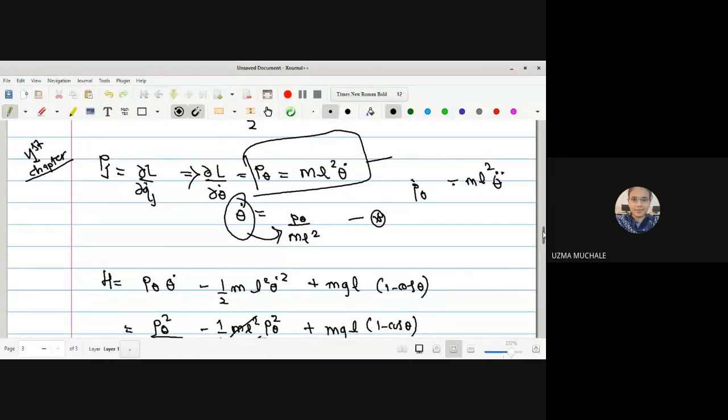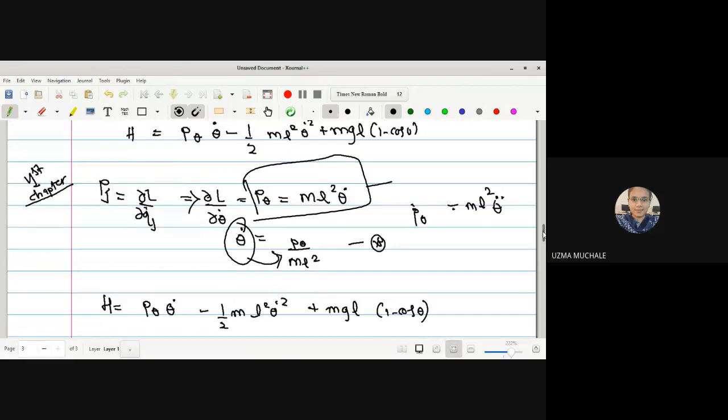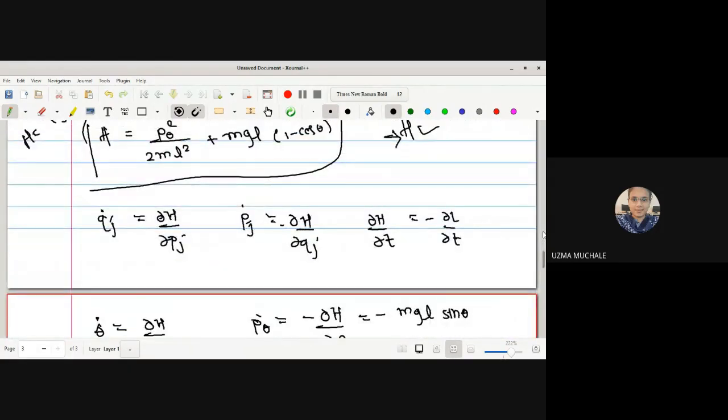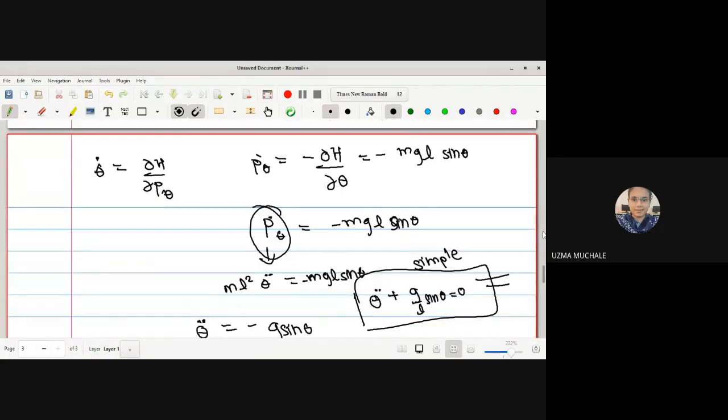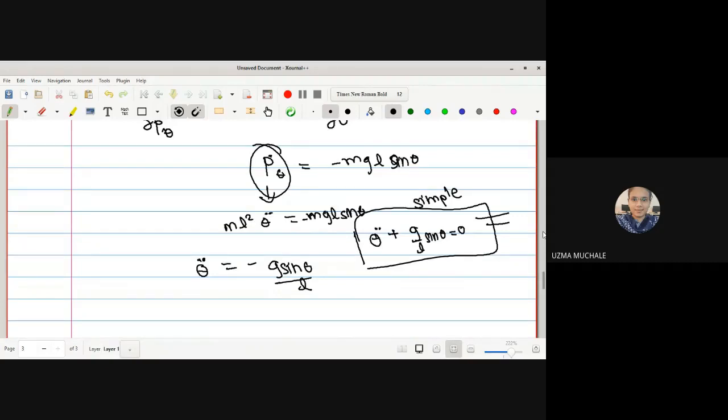In this example, it is theta dot, but you can have any qj dot. So you have to replace it by using pj is equal to dou L by dou qj dot. And after using this, we have to use the Hamilton's canonical equations of motion and you will get the result. Any doubt with this example?